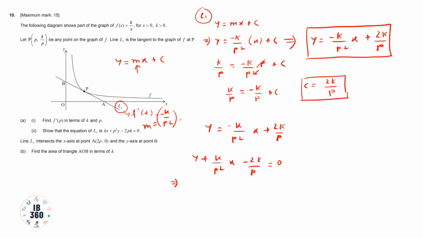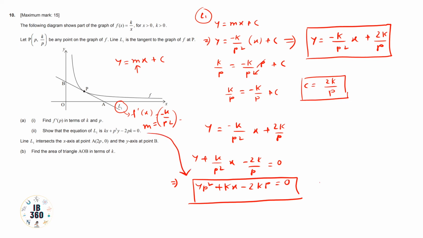From here, multiplying with p square, we get p square y plus kx minus 2kp is equals to 0. Now you can see this equation and the given equation are the same, so that's why it is proved.